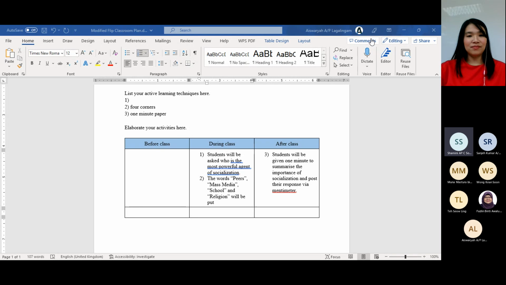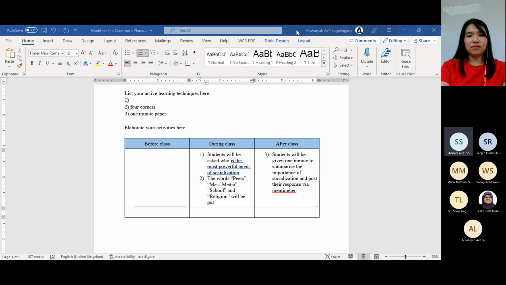Good, interesting. Interesting that you use 4 Corners there. Usually we use 4 Corners for debate or give an essay topic and ask what the points are. It's just to trigger oral communication, make them speak. But it's interesting that you use it for this topic.